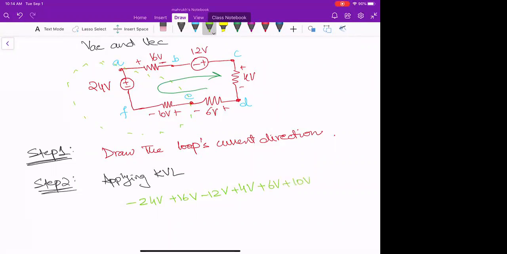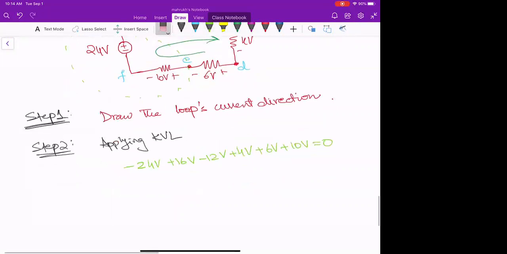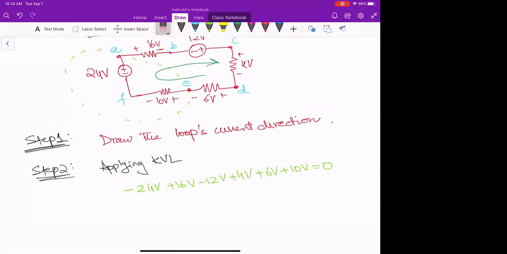Plus 10 volts, okay? So this is the equation, right? We know everything, but we need to know VAE. I just wrote this equation, but we don't need to write this equation just to solve VAE, okay?